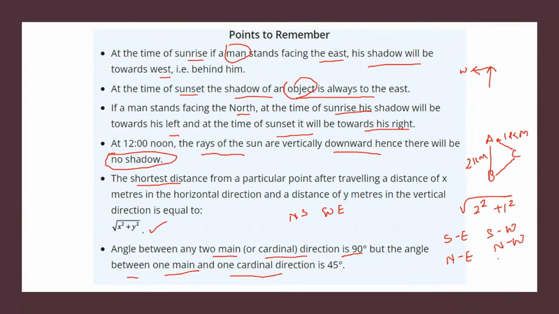So these are the cardinal directions. Whenever a cardinal direction comes up, the angle will be 45 degrees. So there can be questions which will tell you the man is traveling 1 kilometer towards right, and then takes a turn of 45-degree angle. In those kind of questions, you have to consider the cardinal direction and the main direction.